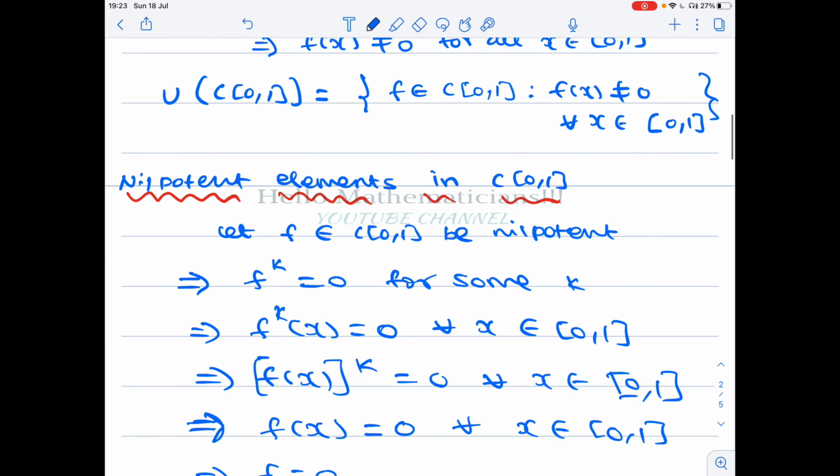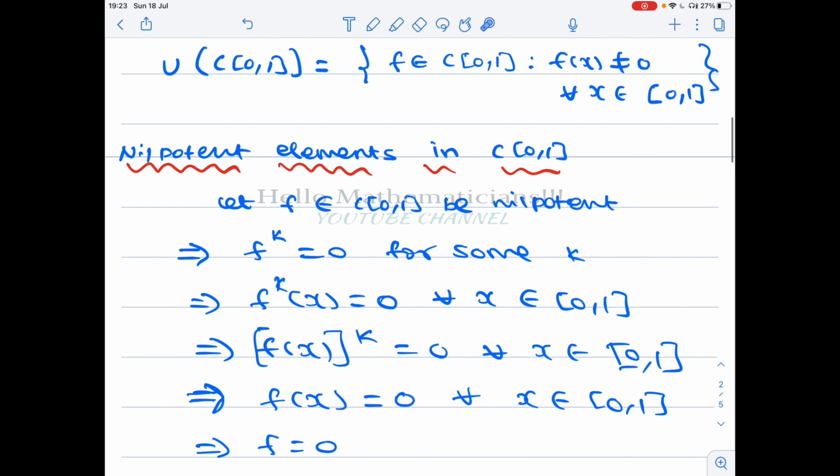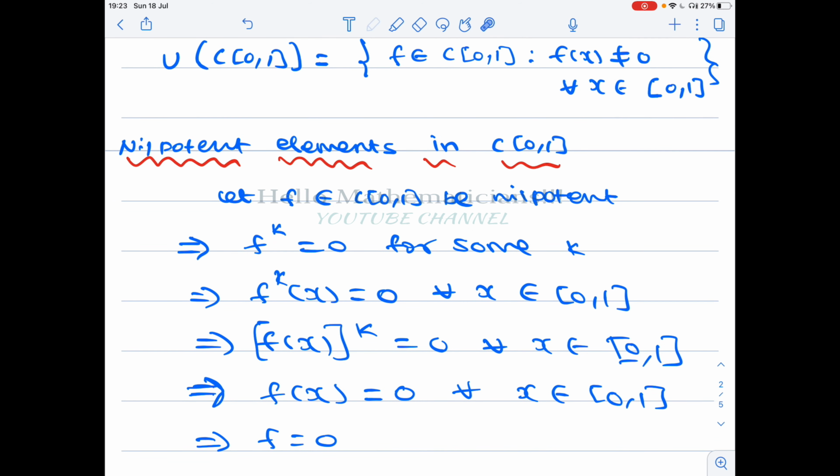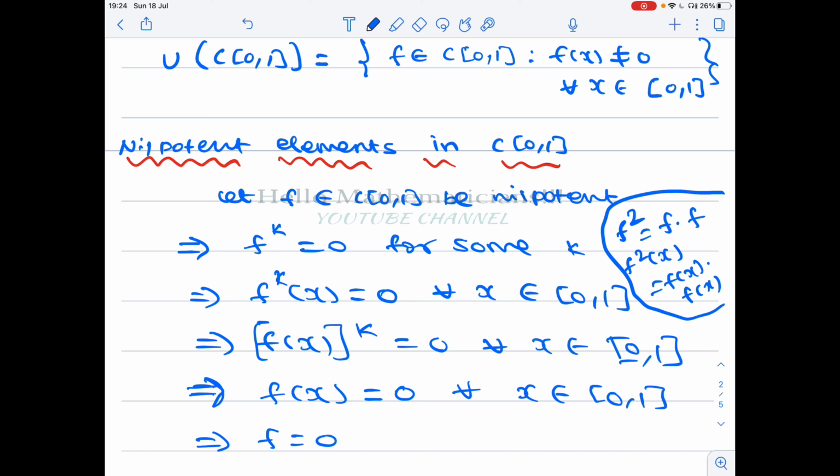Let's move on to the nilpotent elements. An element is said to be nilpotent if f^k equals 0 for some k. By the definition of the product, f squared means f times f, so f squared of x equals f(x) times f(x). It is a pointwise multiplication. Therefore f^k of x means f(x) multiplied k times.